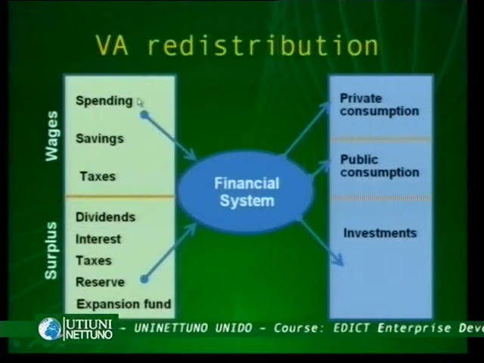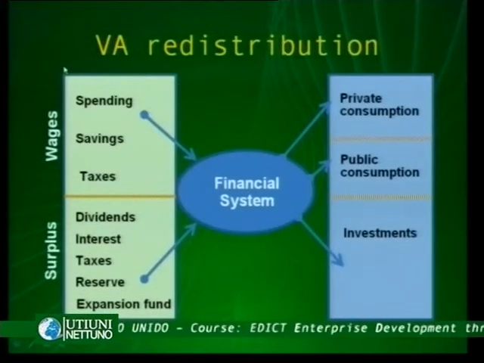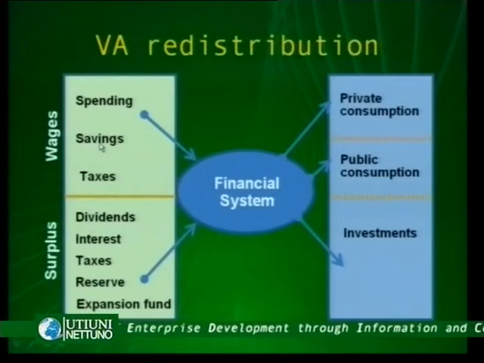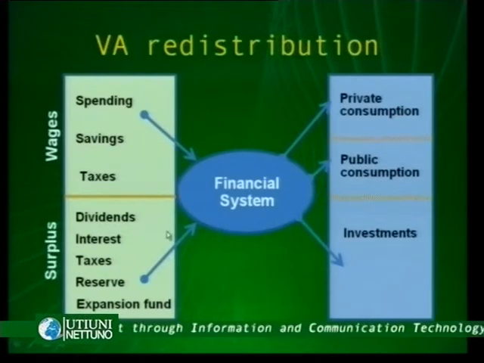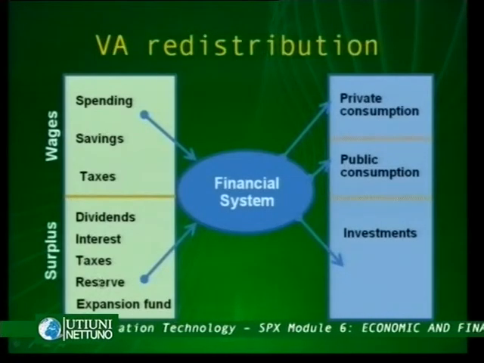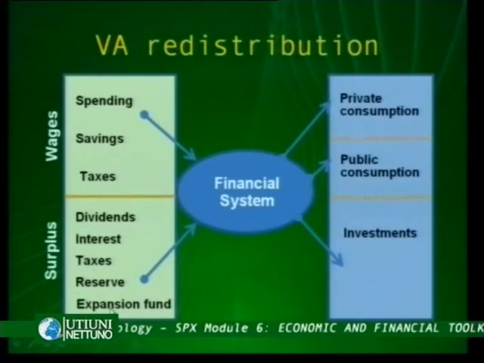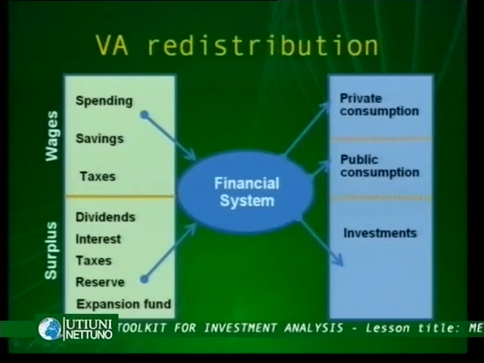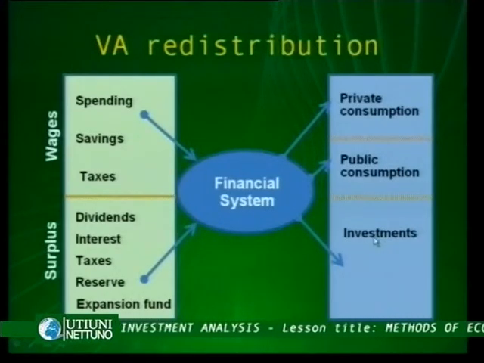Wages are typically used by individuals for spending, to save money for the future, and to pay taxes to the government. The surplus instead takes the form of dividends, interest, taxes, reserve of equity capital, or the creation of funds for expansion. So there is a critical role here of the financial system, which is an intermediary between the value added creation and the value added use.